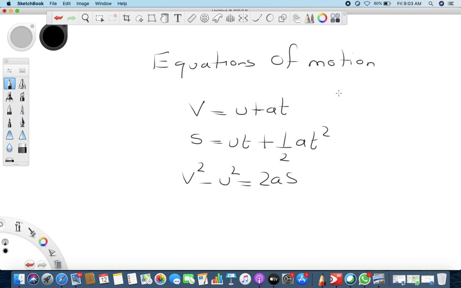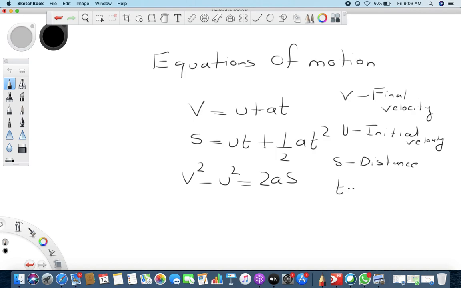Now I already told you what v is. v is the final velocity. Now understand, only here people get confused. Then how are you going to do word problems? So I always tell everyone, you should know each and every quantity and each and every unit of that quantity. So I will also write down the units. u is initial velocity, s is distance, t is time, and what is left? a is acceleration.